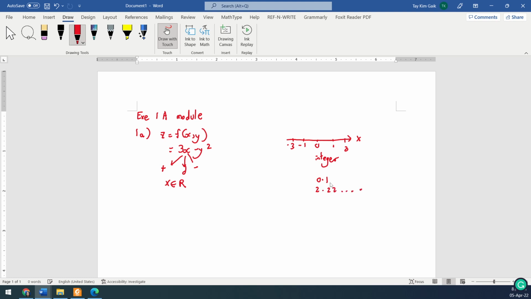This is what we call a real number. A real number can be positive, negative, or 0, and can have a floating point.